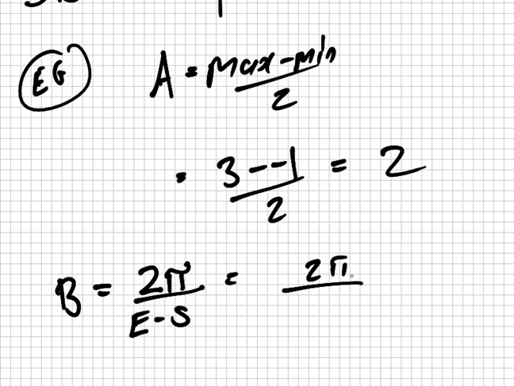Look at the graph. If you look at pi over 4, the graph starts at a minimum, isn't it? And then 5 pi over 4, what's that? It's a maximum. So if I use pi over 4 as a starting point, I have to go up, then down to the next minimum. But you can see it's cut off from the graph. That's okay, because pi over 4 to 5 pi over 4 is half a cycle.